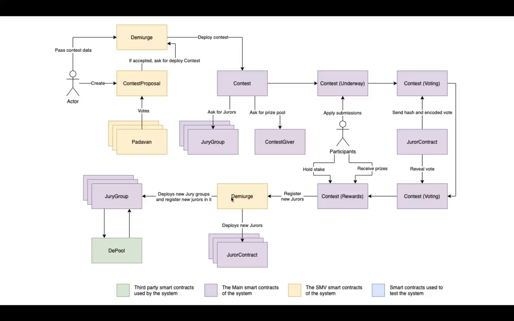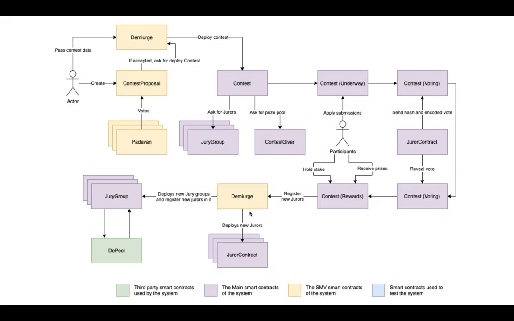So the contest, for example, has JavaScript and design. And the participant says, I want to be a juror in the design tag, and here are my 3 angry tokens. After it, the contest says to the Demiurge, please register a new juror in the design tag and hold 3 angry tokens.